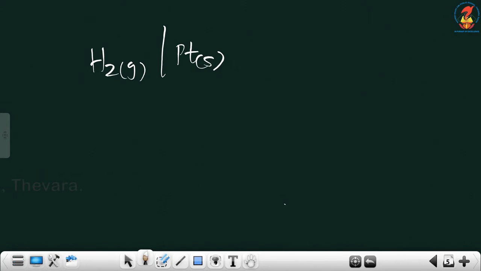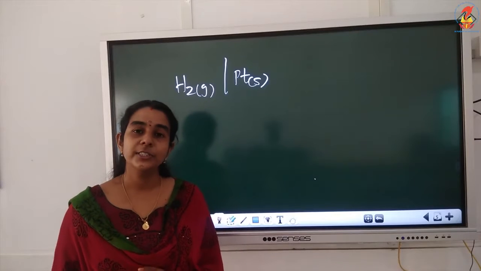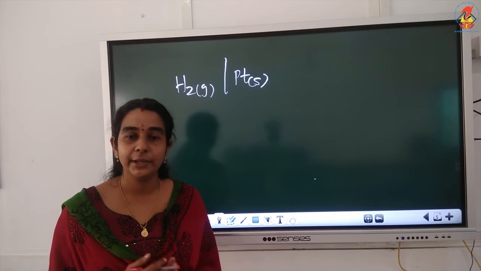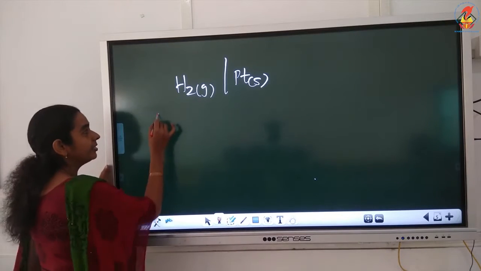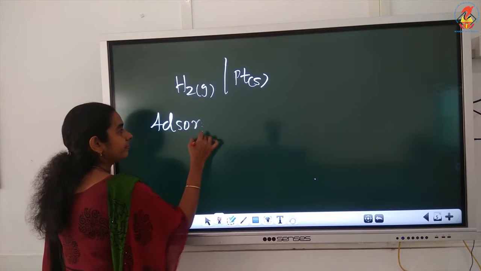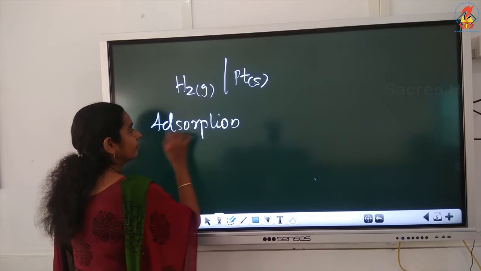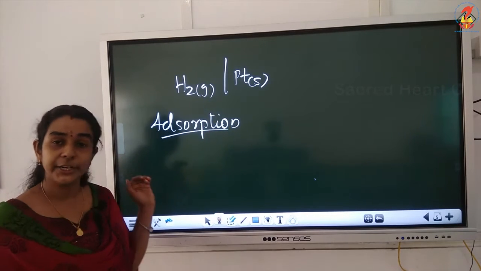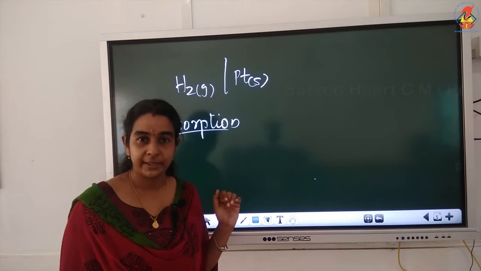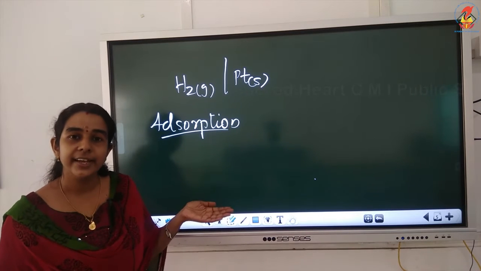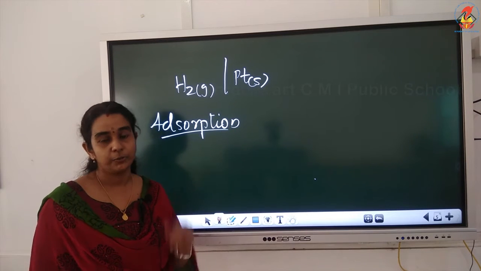The accumulation of molecular species on the surface of a solid or liquid is called adsorption. So hydrogen gas accumulating on the surface of platinum is considered as an example for adsorption.